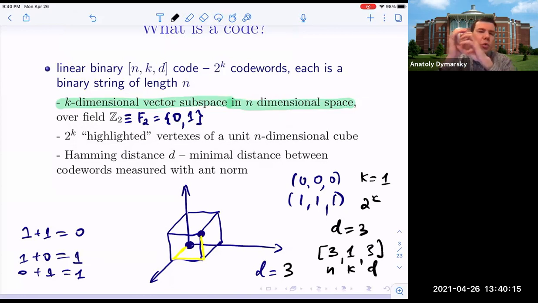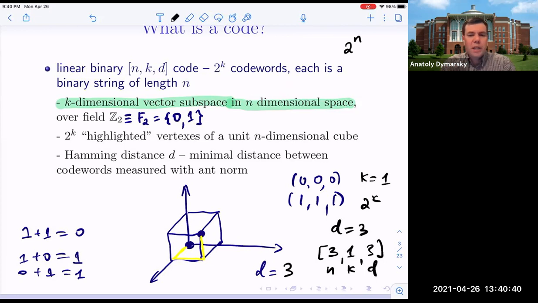Basically, you take a unit cube in n-dimensional space, and you try to pick as many vertices as you can in that cube. In an n-dimensional cube, you have 2 to the n vertices. So you try to pick as many of those vertices as you can, maintaining a large minimal distance between any 2 points.